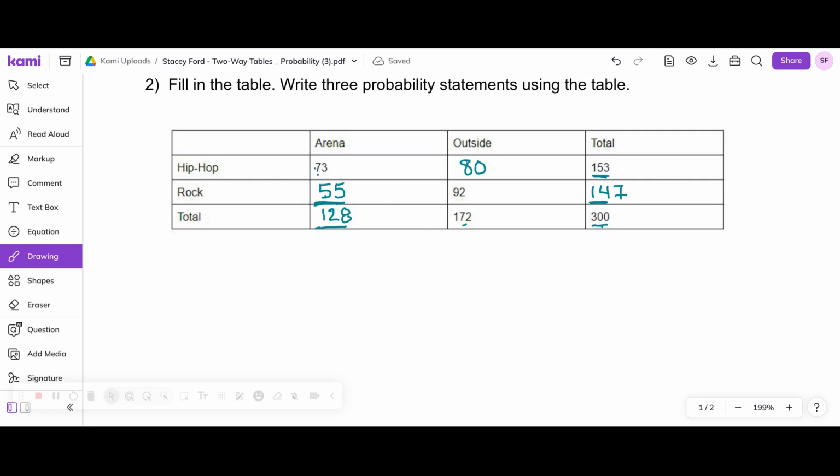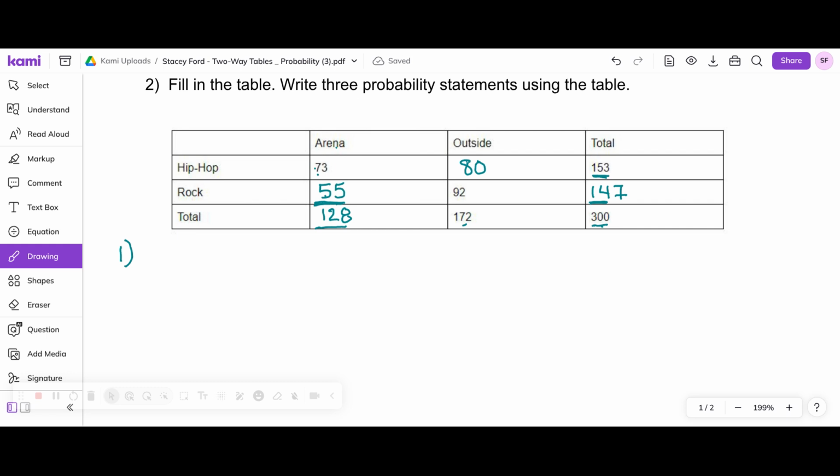So think about what you want to do as your overall number first. If we were in class, I would have you guys pick, but we're going to do it this way. I'm going to say maybe out of all the arena concerts. So I'm going to think about arena and all of them.